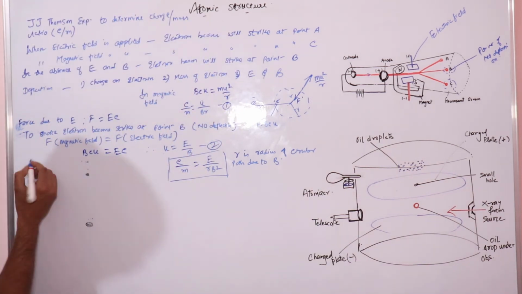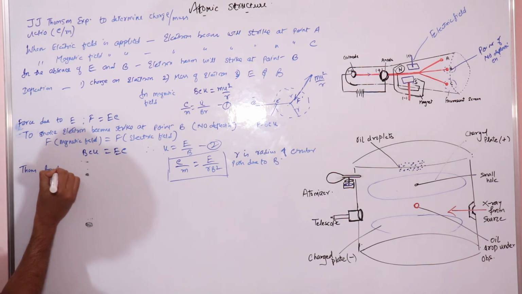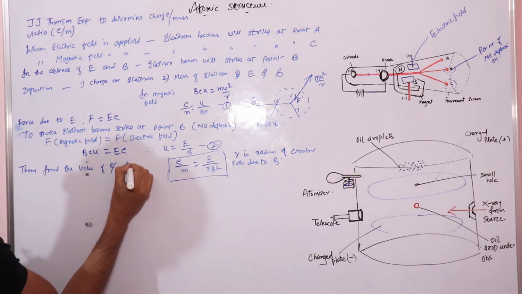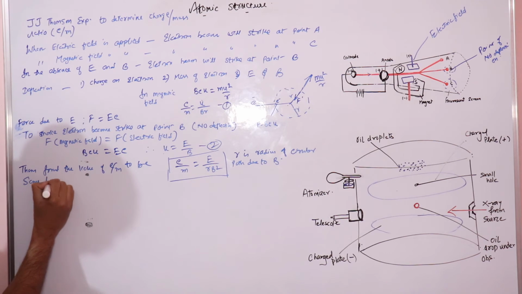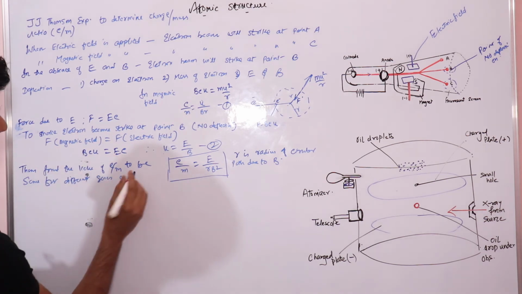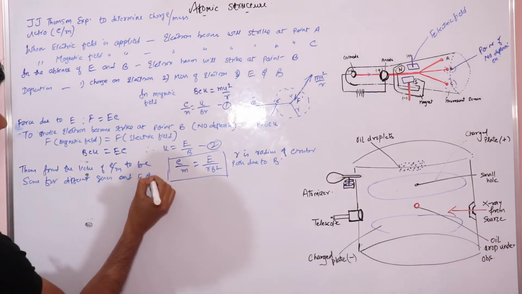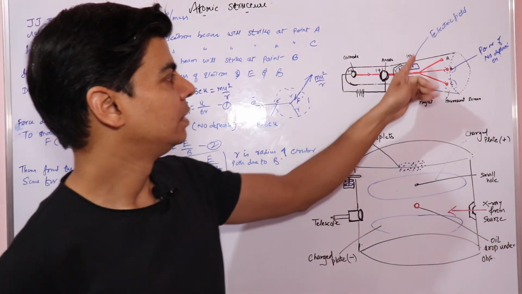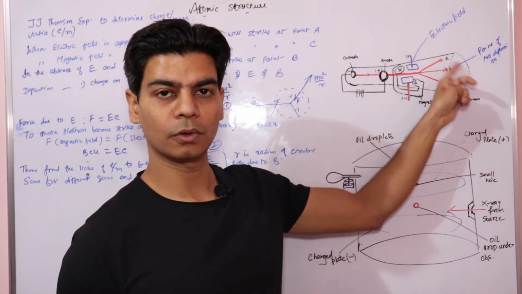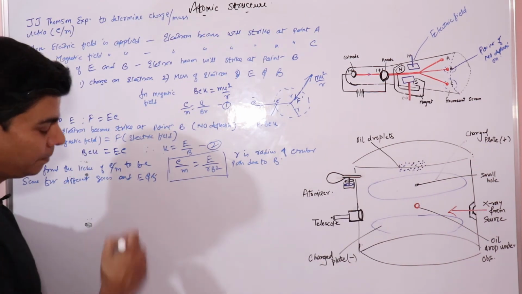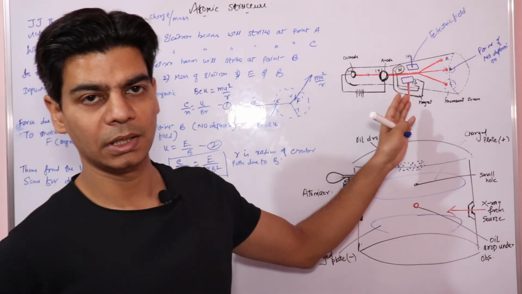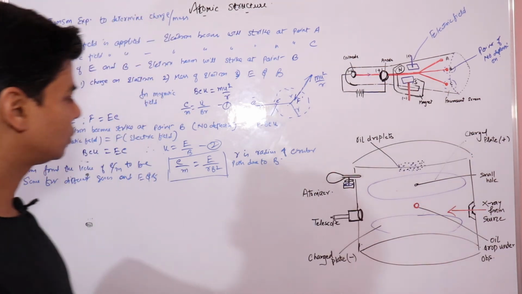So Thomson found the value of e upon m to be the same for different gases and different combinations of E and B. He varied the values of E and B such that the electron beam strikes at the point of no deflection, and he found that e upon m, the ratio of charge to mass, remains the same, doesn't matter what the material of the cathode or the gas present. We have seen this concept earlier also.